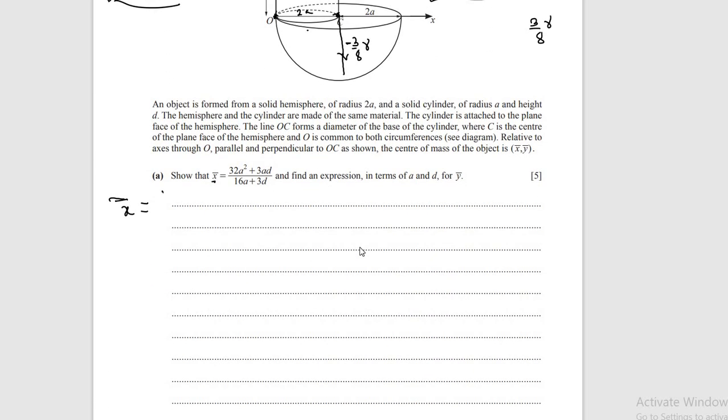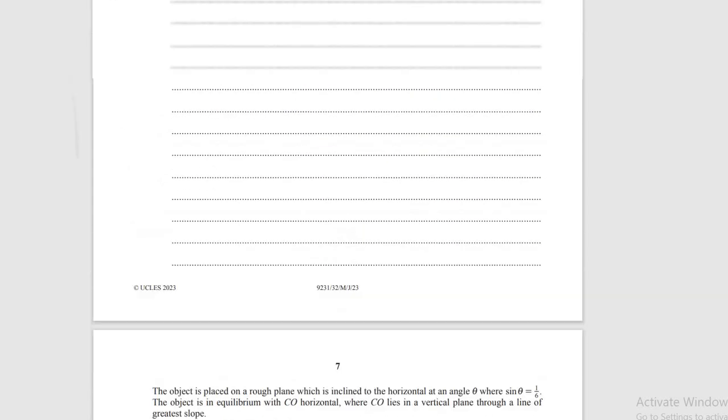So it's going to be volume of the cylinder multiplied by the horizontal center of mass for the cylinder plus volume of the hemisphere multiplied by the horizontal position of center of mass for the hemisphere, all over total volume, volume of the cylinder plus volume of the hemisphere.